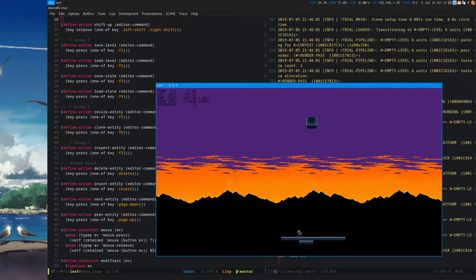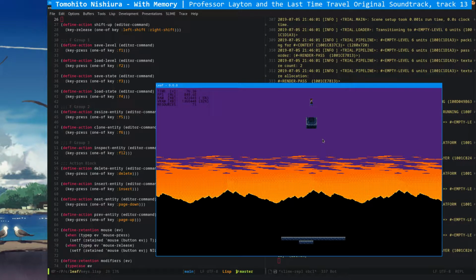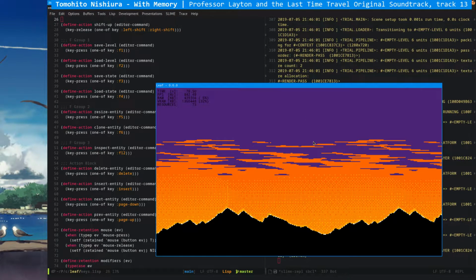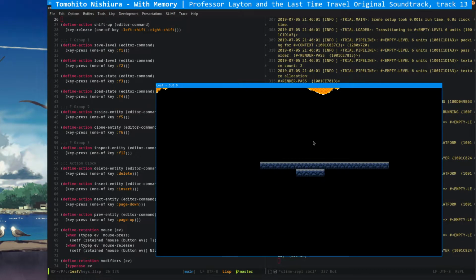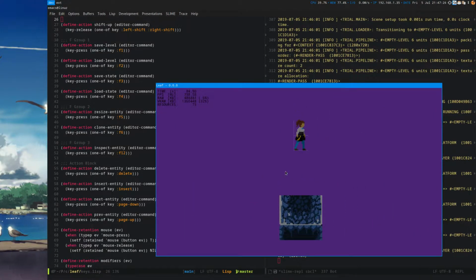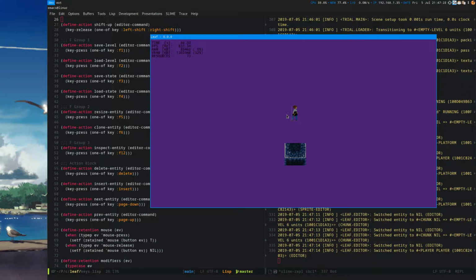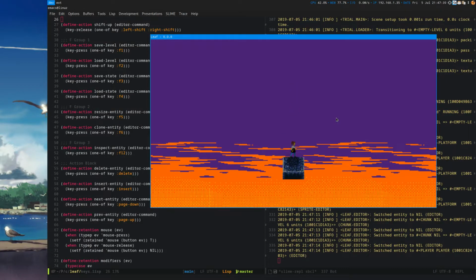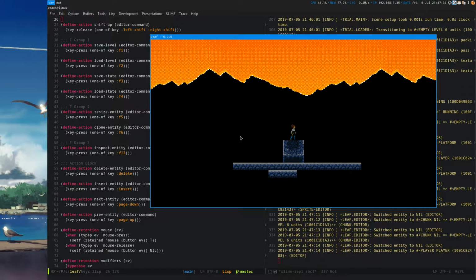And... okay. I think that's the native zoom. Bam. Nice.